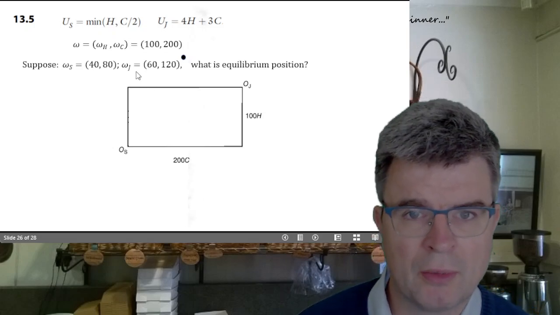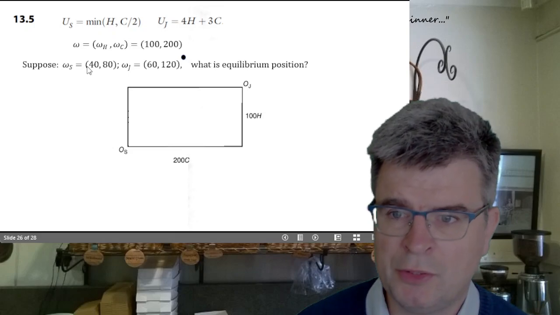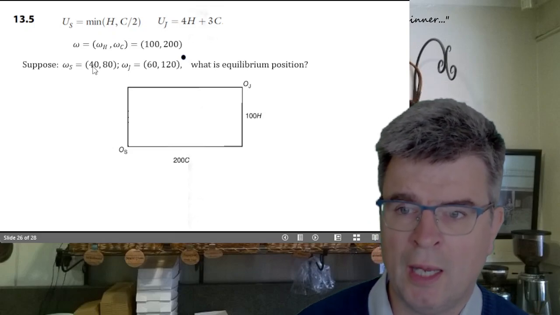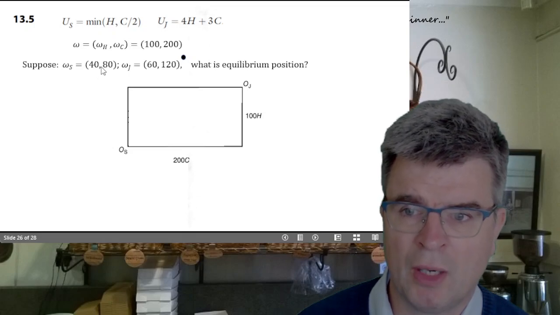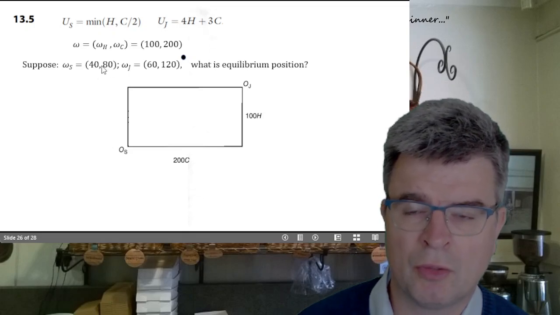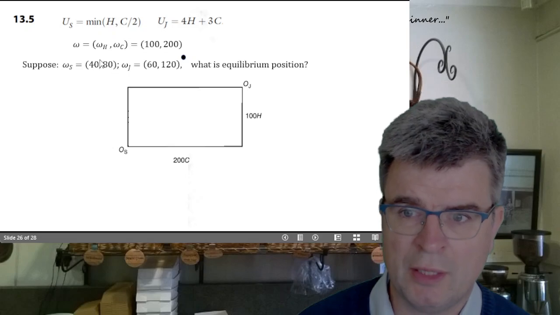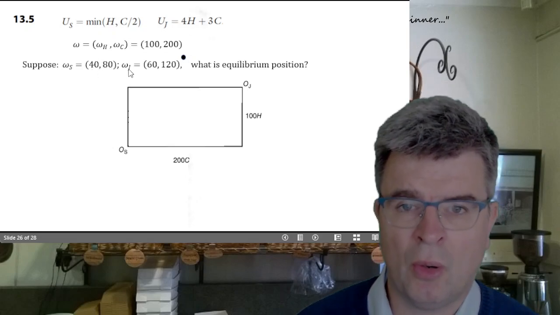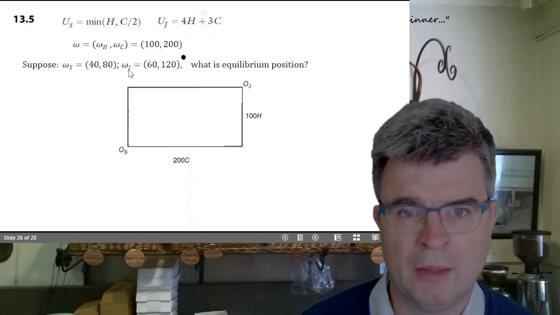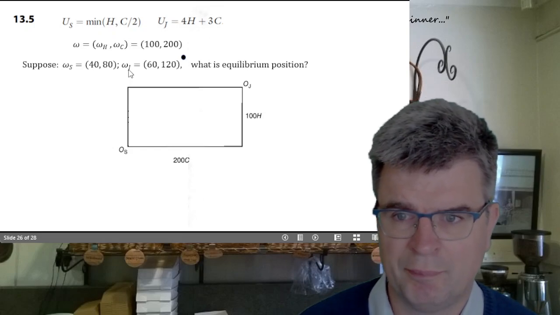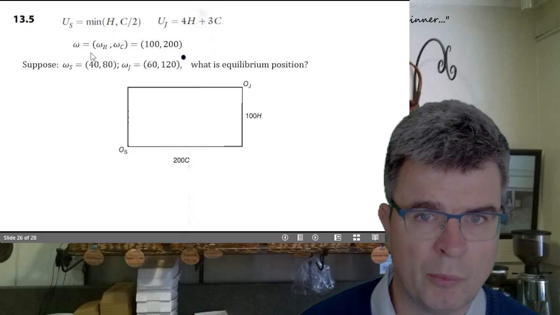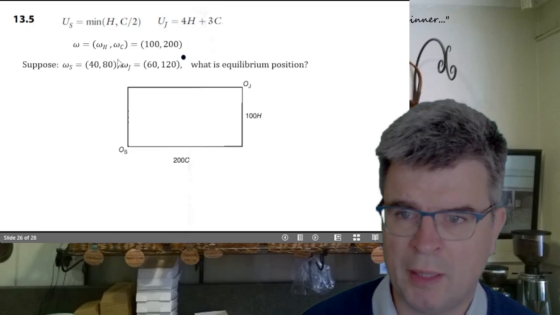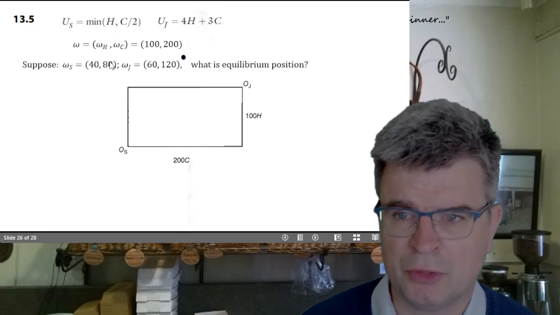Well, in this particular allocation, we see that for Smith, his slices of cheese are twice the number of slices of ham. So this point is on the Pareto efficient set, and no trade is possible that would make one of the two better off without making the other one worse off.